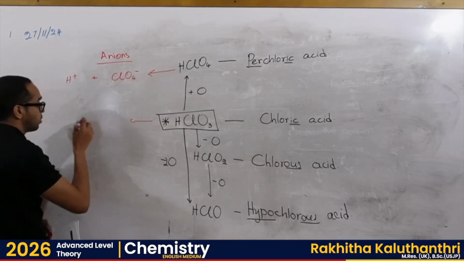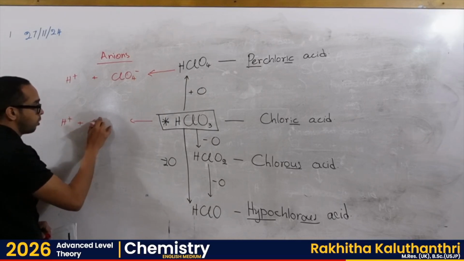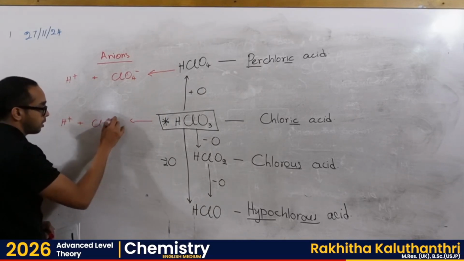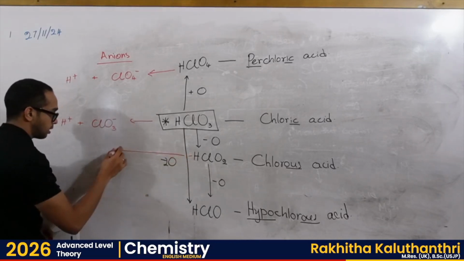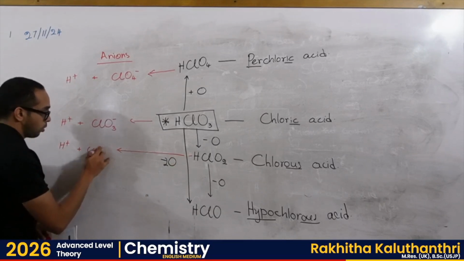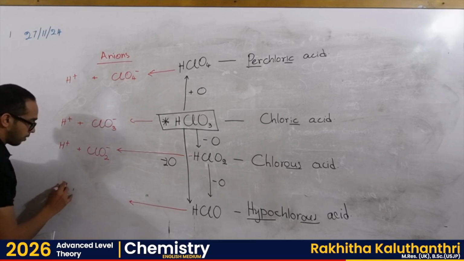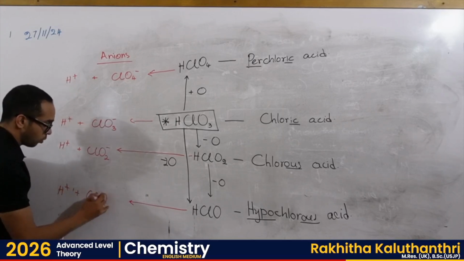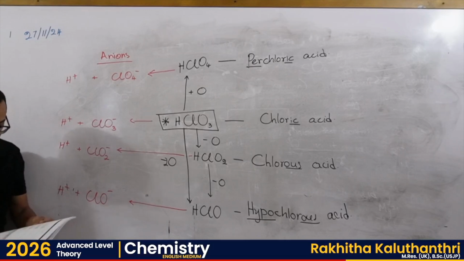Here this also can do that. H plus will be removed, so it will form ClO3 1 minus. Here we have H plus and then ClO2 1 minus, and this one will be the same. We have H plus and ClO 1 minus. So the naming of these anions is also important.